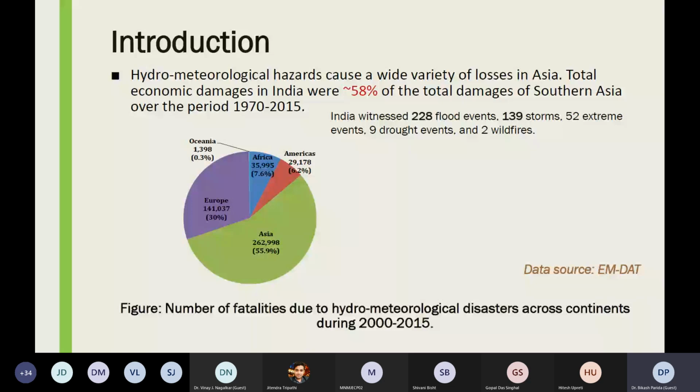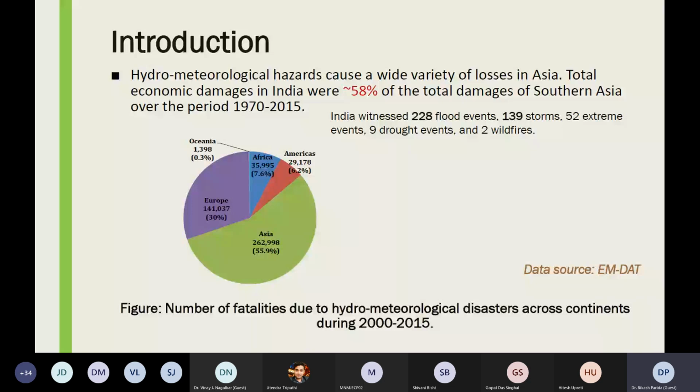Based on that data, it has been noticed that in India around 228 flood events have occurred, and another 139 storms related to cyclones, and some extreme events, around 52. We also often observe drought in many parts of India, and also fire. So these are the different natural disasters happening, and some of them are hydrometeorological hazards.